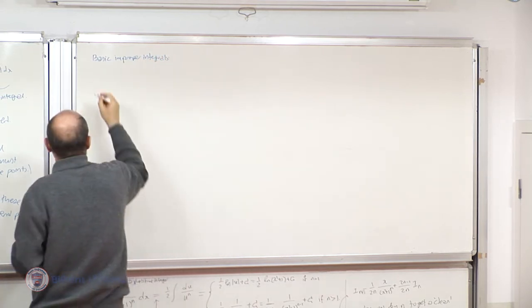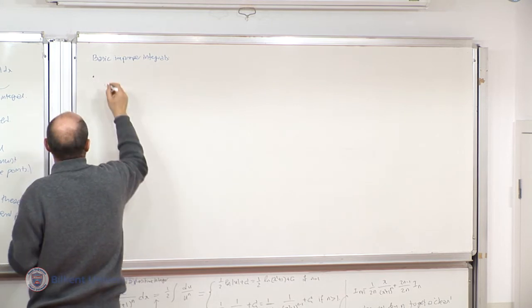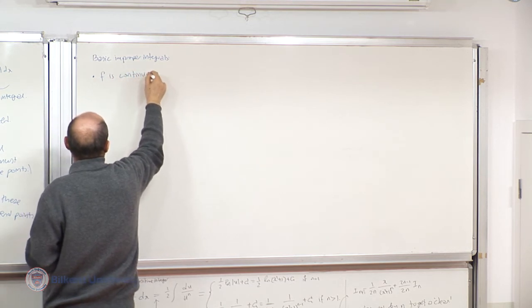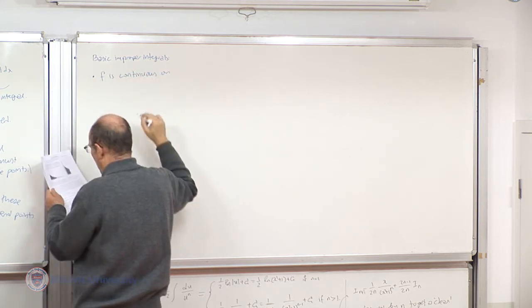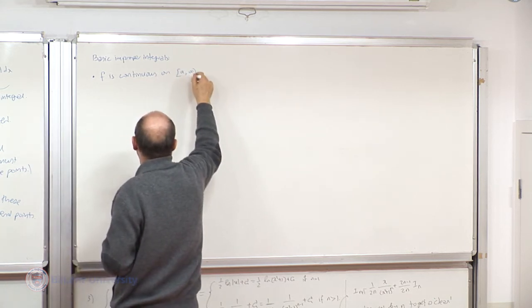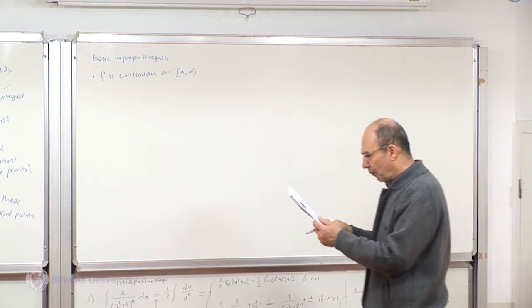Okay. So the first one is, we don't want to number these things, just know this. f is continuous on an interval of this form, [a, infinity). Okay.